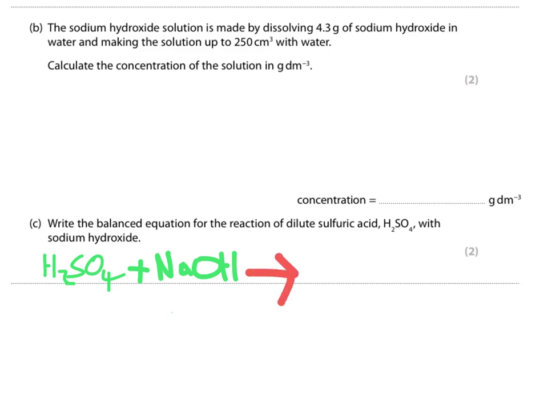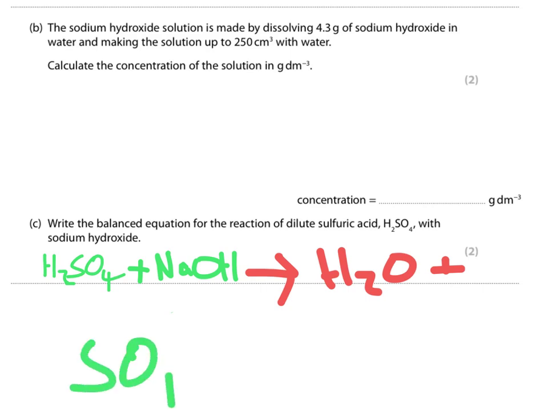Now this is a neutralization reaction because it's between an acid and a base. So neutralization reactions always make water, so H2O always, and a salt. So basically you take the bits which haven't been used to make the water. So you've got sodium, which is your positive ion, and sulfate, which is your negative ion. Now the sulfate, SO4, can you see how it's got 2 hydrogens?